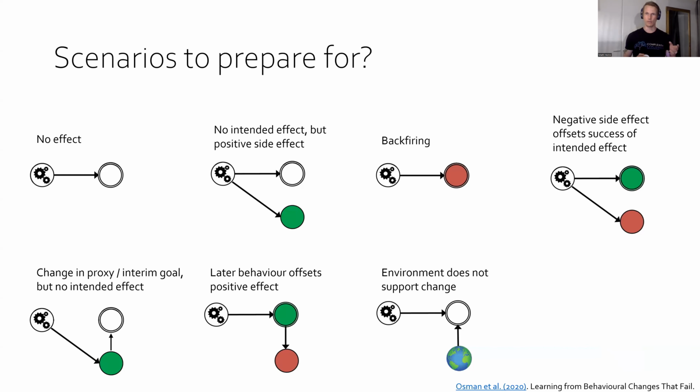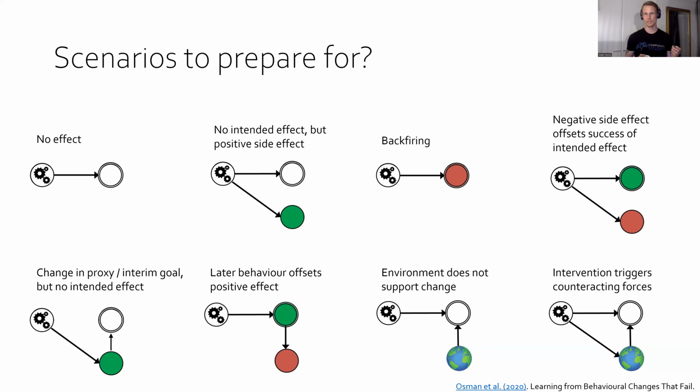And it might be that you have thought about it very well, but you just didn't get it right, and you didn't know in advance how things would unfold in this particular environment.